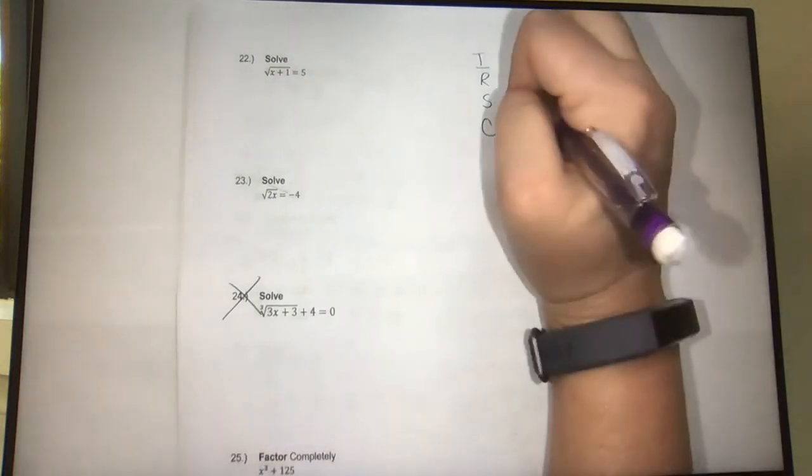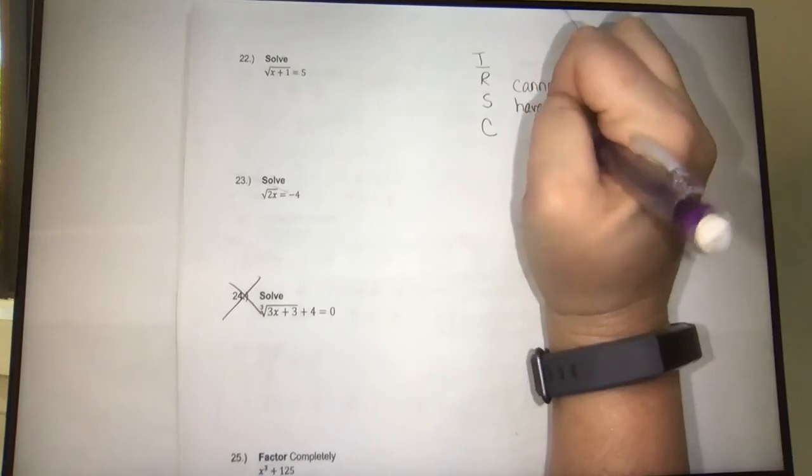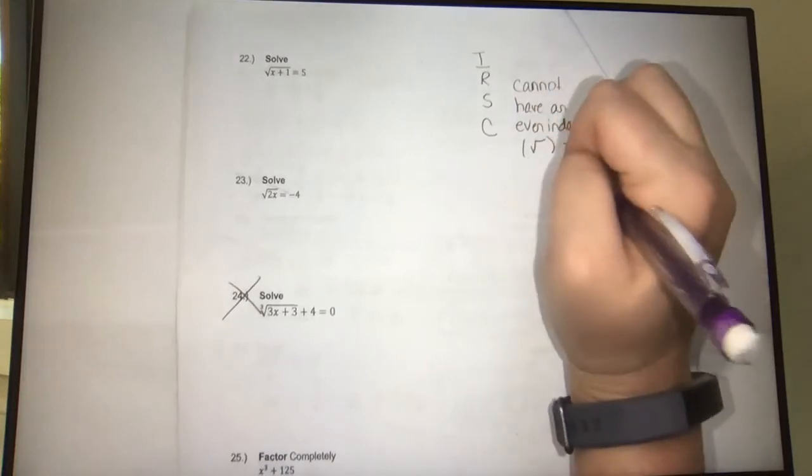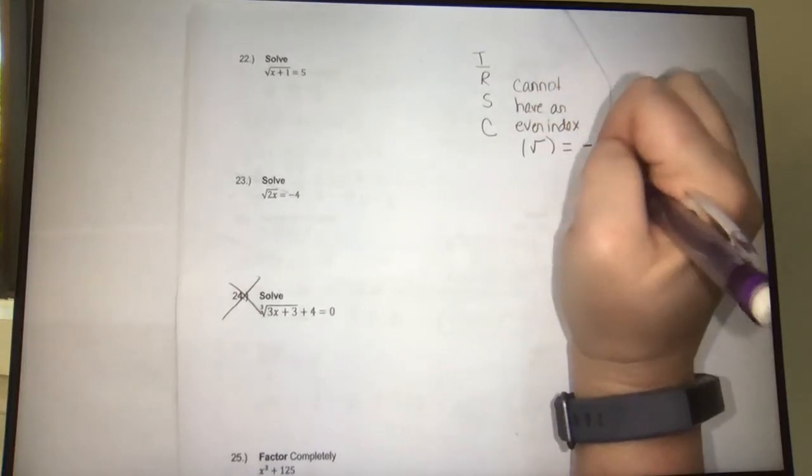Okay? Isolate, raise, solve, check. The only stipulation you have, and I'm stressing this because you are going to have it, is that you cannot have an even index, which is a square root, equaling a negative number.